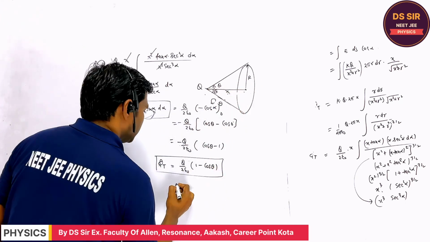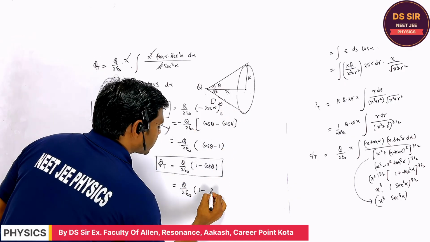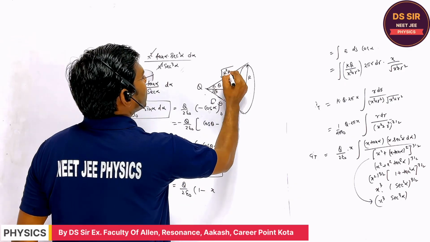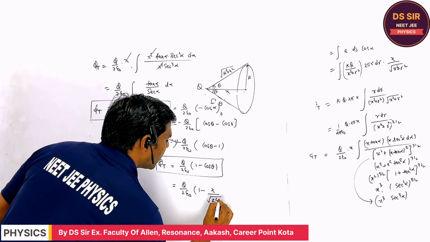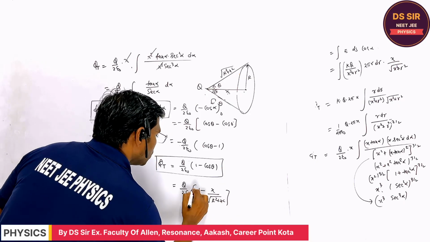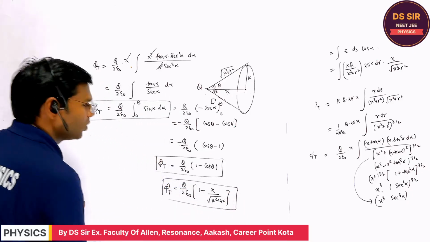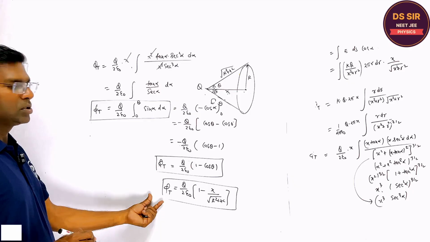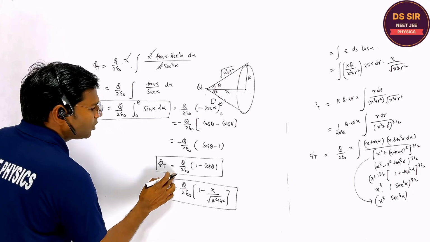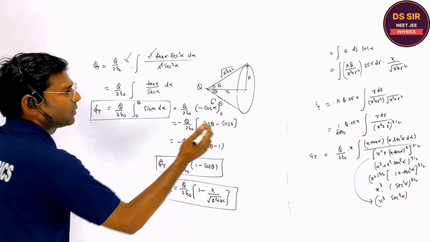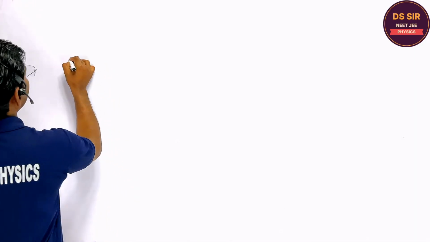Cos theta is nothing but x upon root over r square plus x square, base upon hypotenuse, right? So the total flux is q upon 2 epsilon naught times 1 minus x upon root over r square plus x square. You can remember this total flux formula directly. You will use this formula to find the total flux, right? It is better to remember it in this way, q upon 2 epsilon naught times 1 minus cos theta, right? Copy this. So let's see one example.